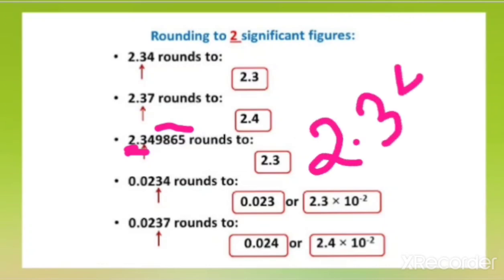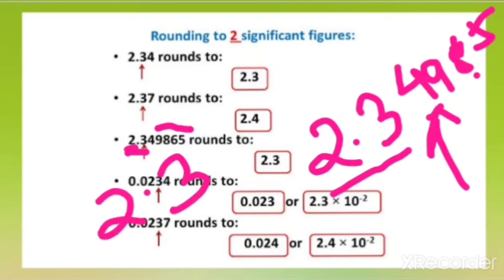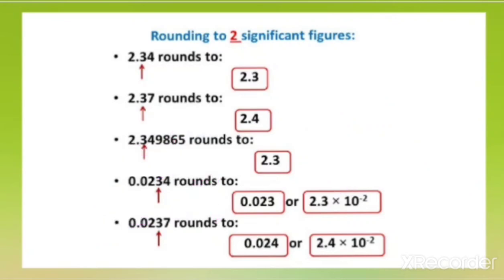And what is next to that number? 4 we have, then 9 we have, 8, 6, 5 and so on. So here, we need only this much. So check this number 4. 4 is less than 5. So this number will be as it is, 2.3. But if it is 6 here, at the time, this one will be 2.4. So that is what this question is.